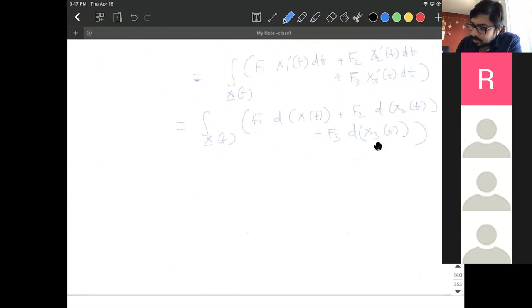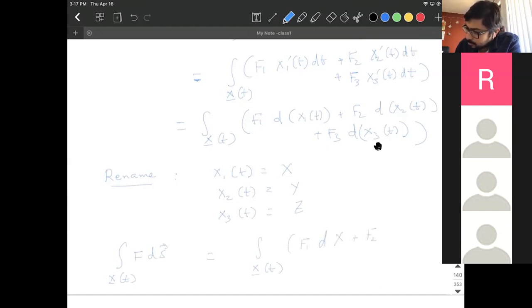And if you just rename x1(t) equals, let's say, capital X, x2(t) capital Y, and x3(t) capital Z, then this integral, it's just a matter of notation, is f1 dx plus f2 dy plus f3 dz.